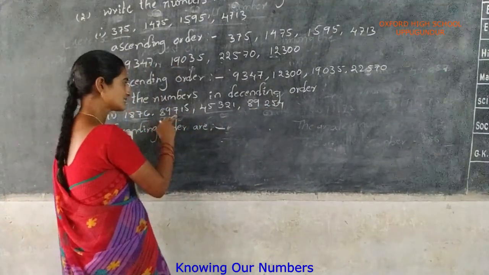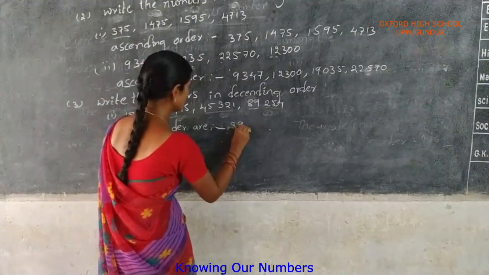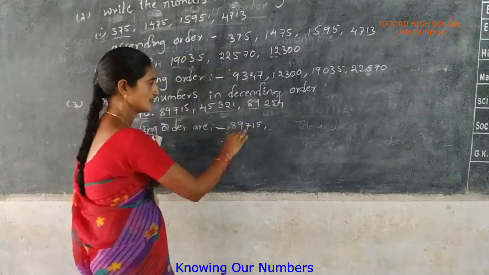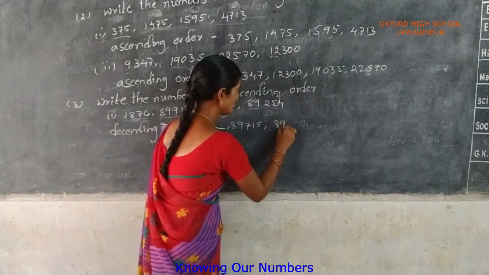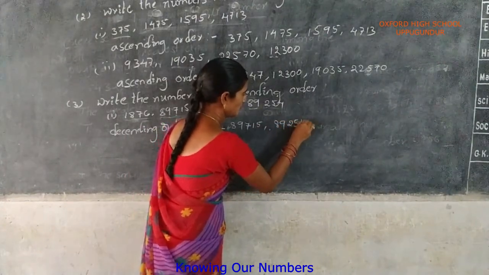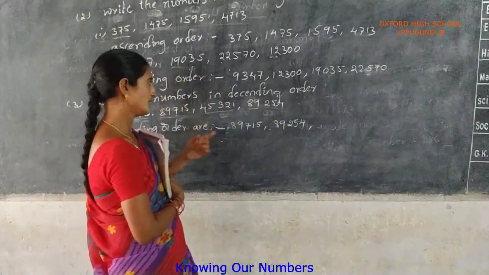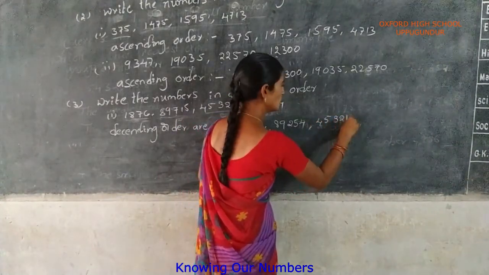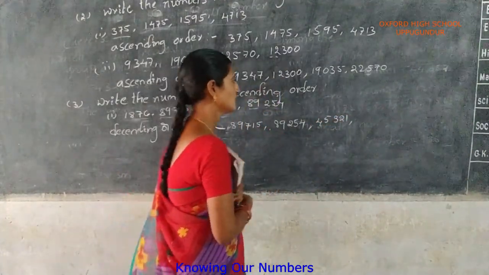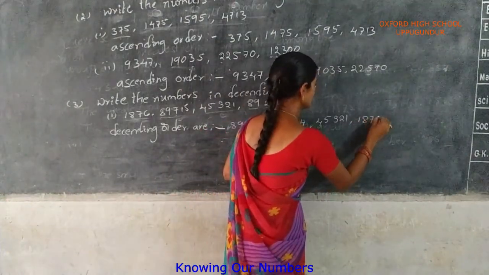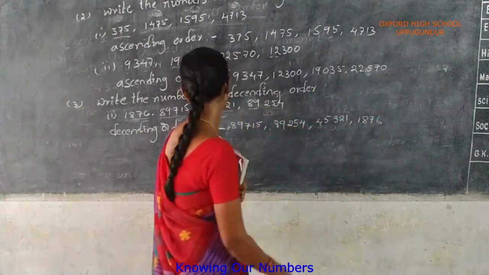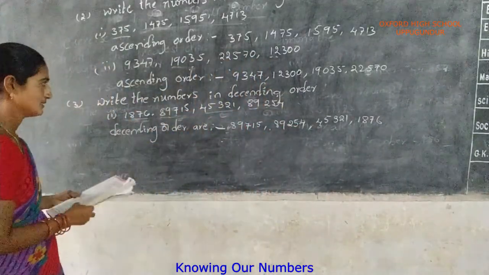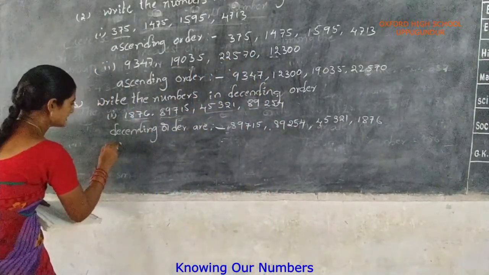Which is greatest? 89,715. Next, 89,254. Another number is 45,321. And which is smallest? 1,876. These are descending order. Sorry. Next, second one.